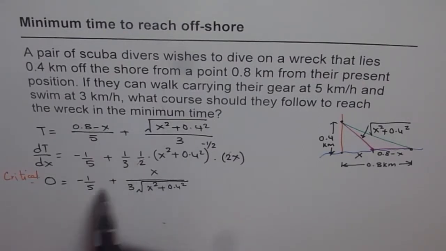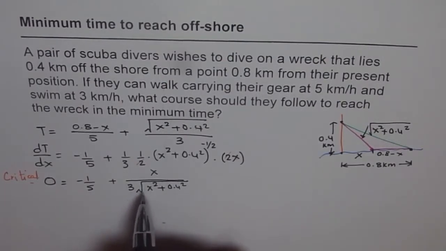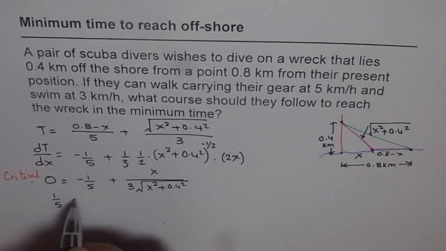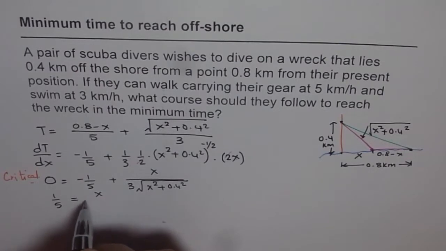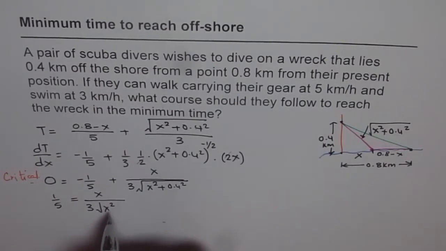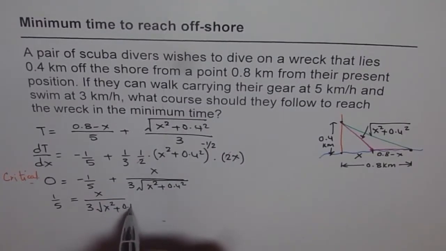So we'll cross multiply and then simplify. So we get an equation which is, let's do it in steps, 1 over 5 equals x over 3 times the square root of x squared plus 0.4 squared, which is 0.16.